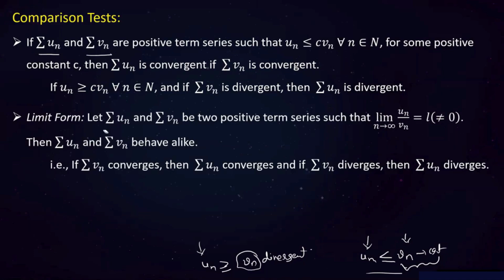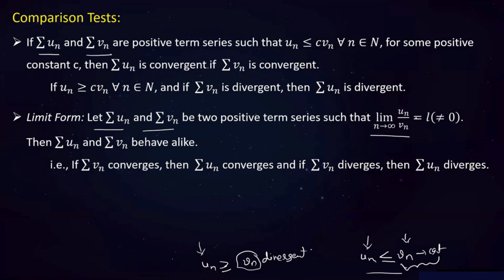Now understand, when you are given two series of positive terms, summation un and summation vn, see what we are doing here: we are just defining the limit as n tends to infinity of un by vn, right?